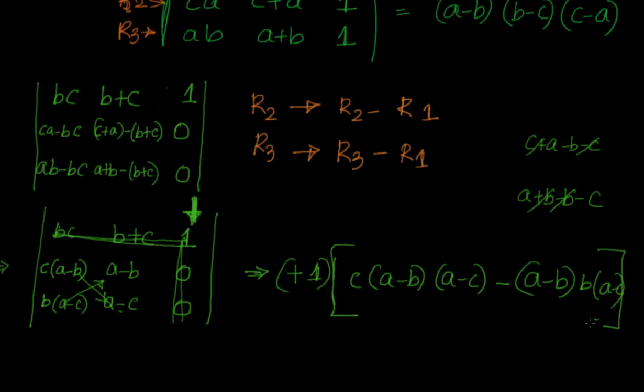This is what we have now. What can you take common here? (A minus B) is common, and (A minus C) is common, so I can take them out.